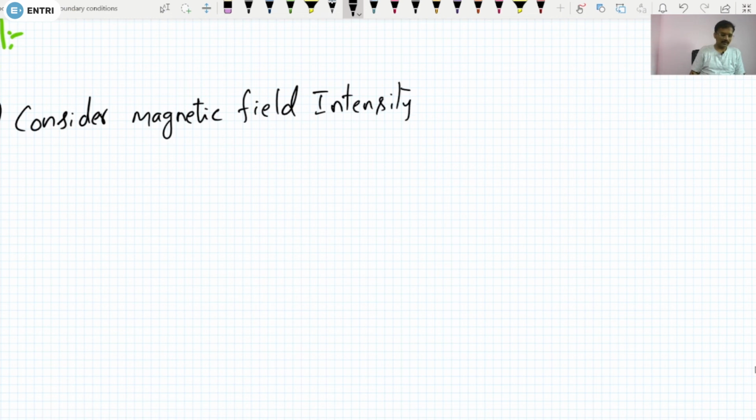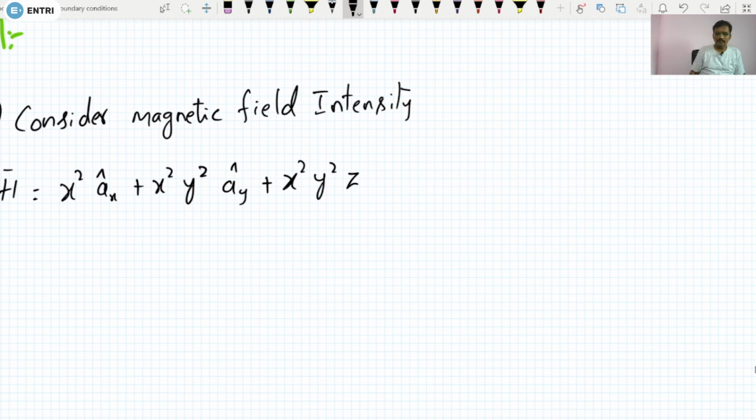Magnetic field intensity H bar is equivalent to x square ax cap plus x square y square ay cap plus x square y square z square az cap ampere per meter.